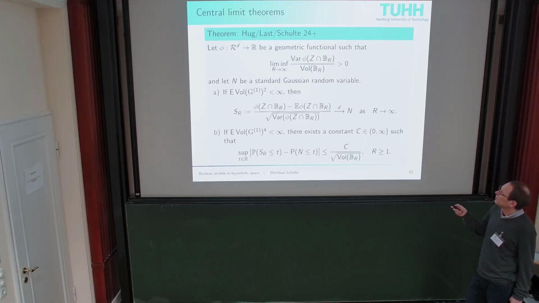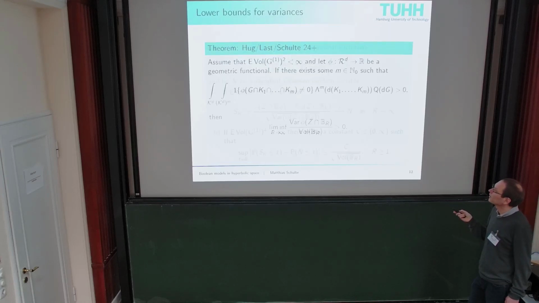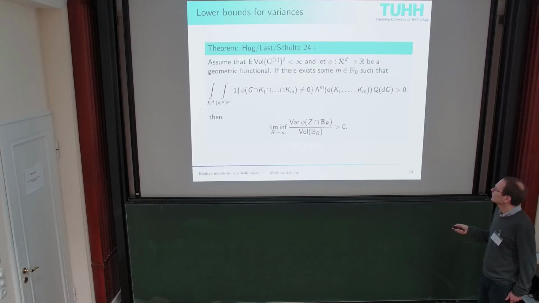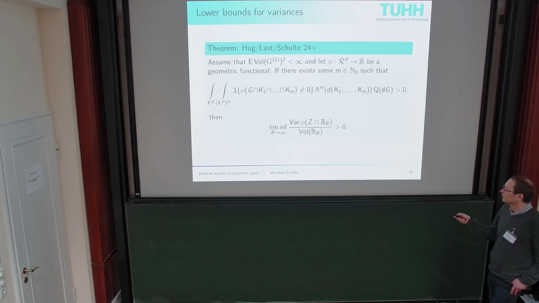So here we have this assumption, which basically means that the asymptotic variance is not degenerate. And in order to check this condition, we also have a theorem. This theorem tells us that this condition is satisfied if we can verify such a condition here.